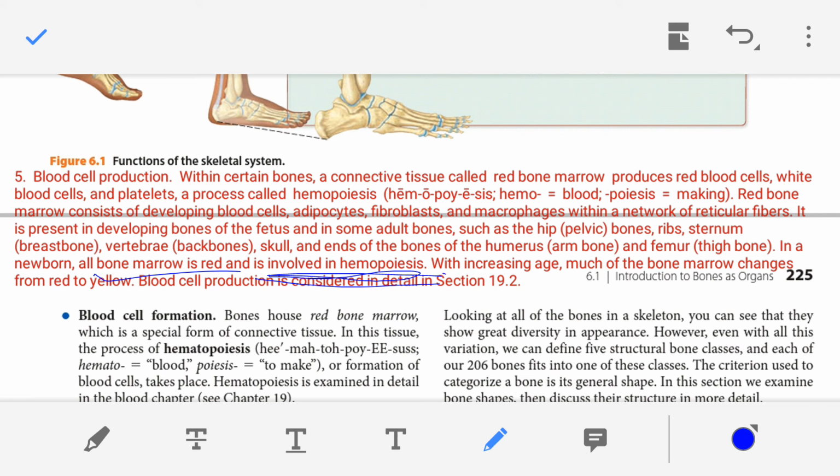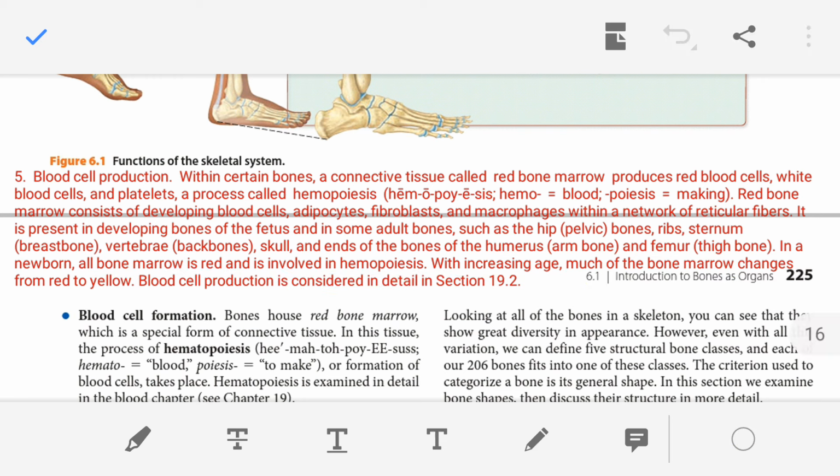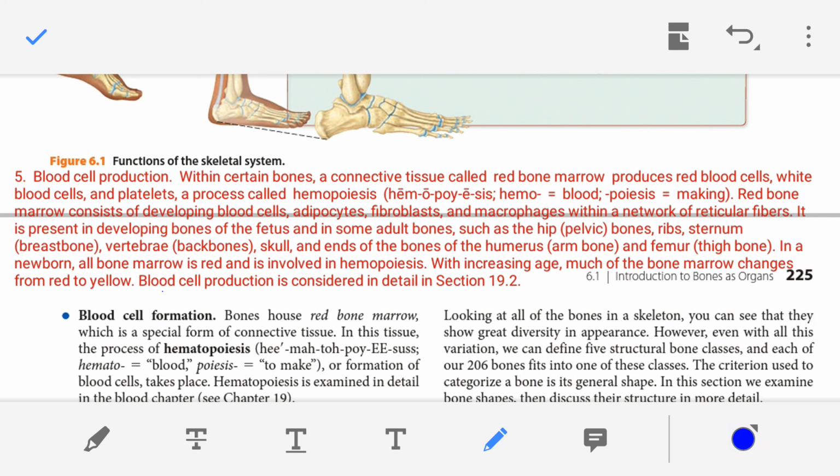Now as the baby's age is increasing, much of the bone marrow changes from red to yellow. So with the progression of age, red bone marrow gradually changes into the yellow bone marrow. And you will learn about the blood cell production in detail in section 19.2.